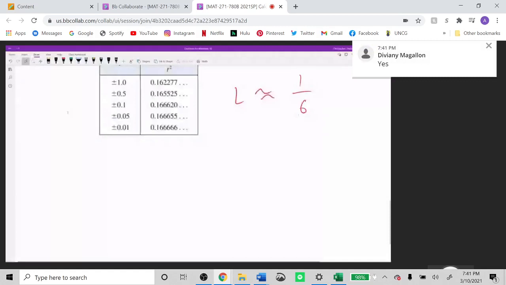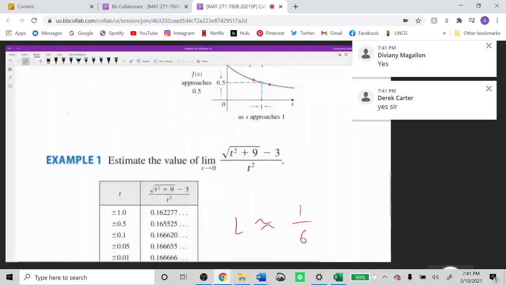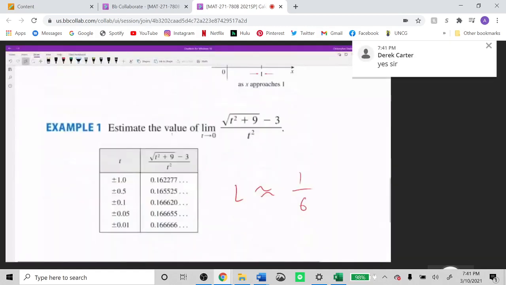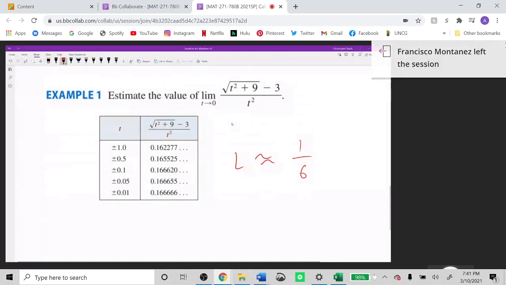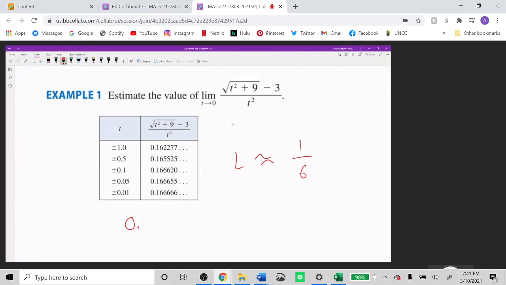If we're trying to get t to be closer and closer to 0, what if we chose a value that's really, really close to 0? What if we plug in 0.00000001? What if we plug this into the function? What do we get?